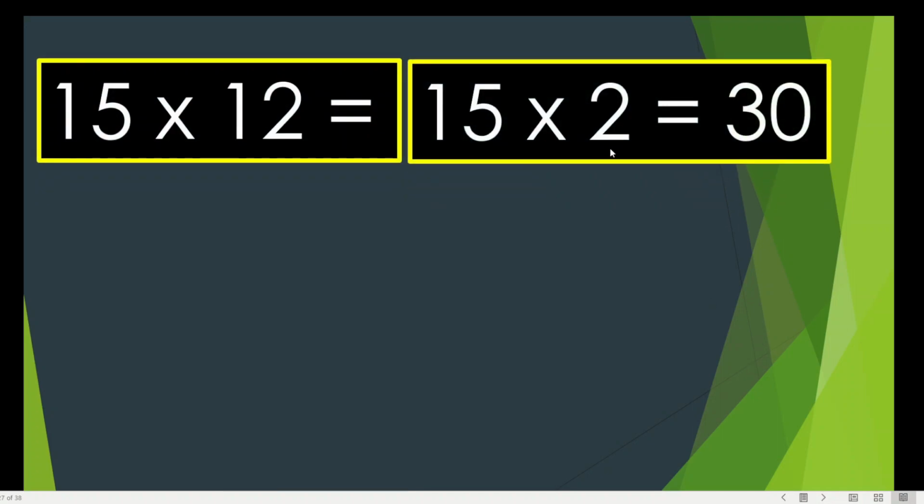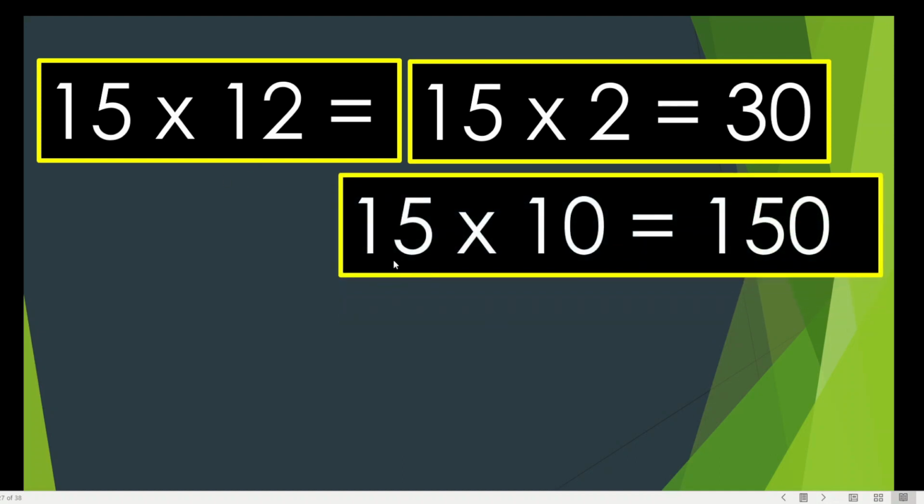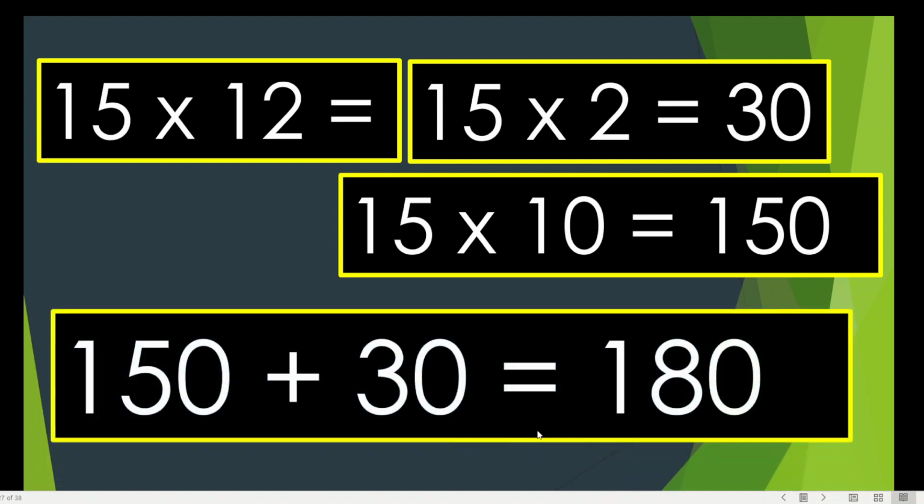So we have 15 times 2 equals 30. And for the second partial product, we have 15 times 10 equals 150. 150 plus 30 equals 180. Okay, very good. So that's the answer.